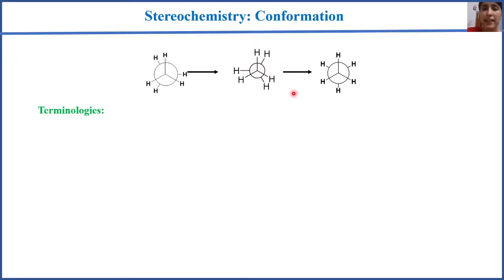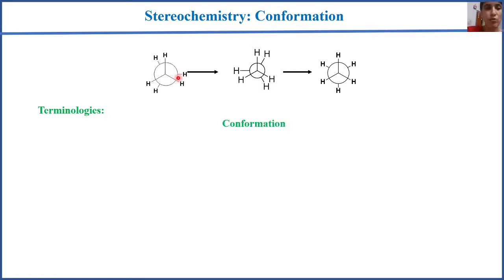If we rotate more, we will observe this type of conformation. This is again a Newman projection formula of ethane. Now what is the difference between these two? This is the staggered ethane, and this is the eclipsed ethane.